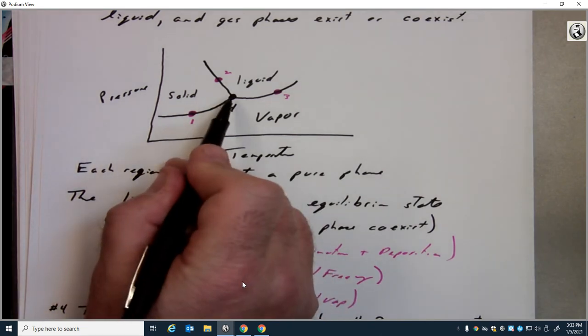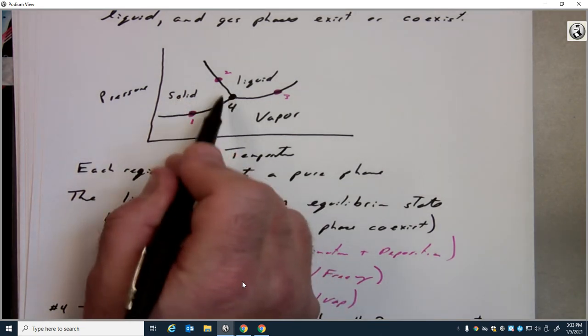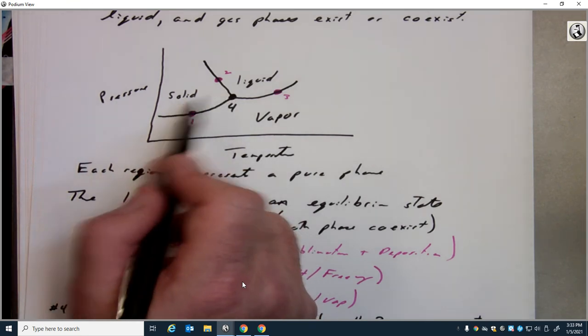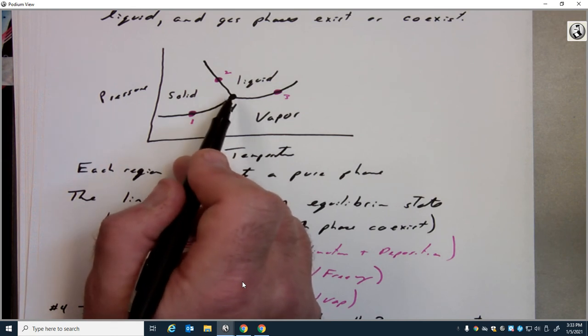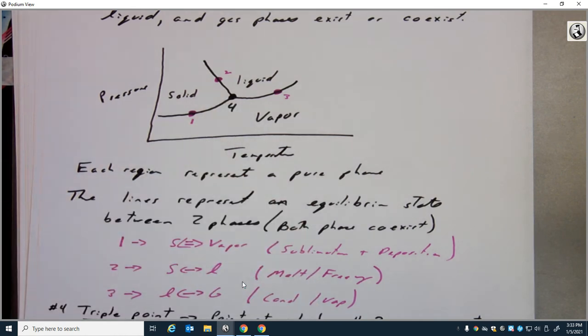Okay, so if we're right here, this is going to be in a triple equilibrium. We'll have solid, liquid, and vapor all happening at the same time at this very specific temperature and pressure.